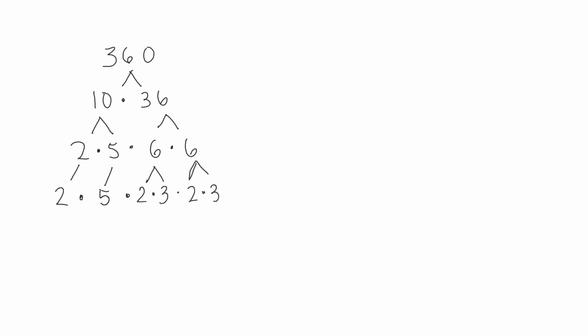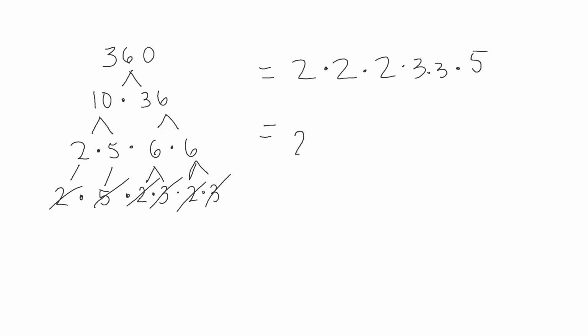And then what I would want to do is rewrite these factors in order. So let's see, I've got 2 times 2 times 2. Next up, I have a 3. I have another 3. And I have a 5. So I've written all of my factors in order. Now I could go to exponential notation.